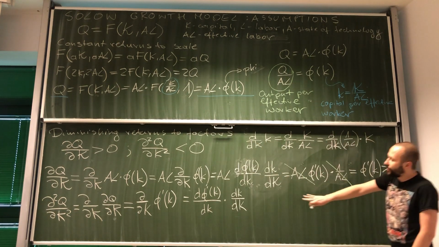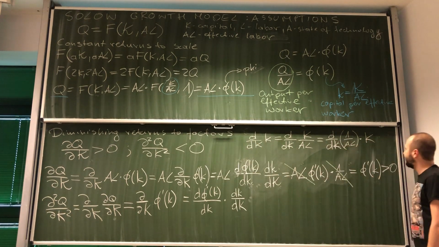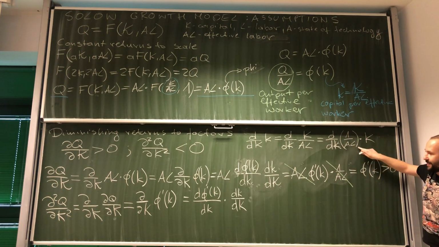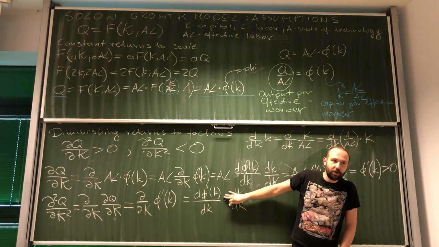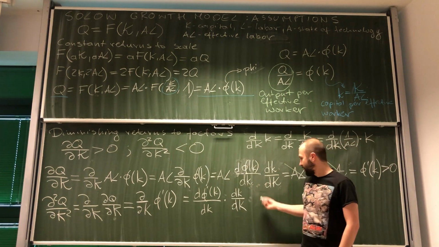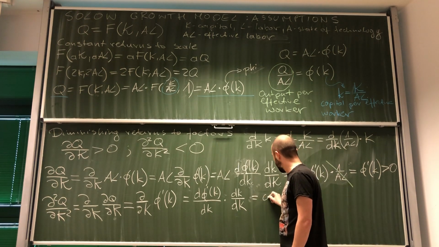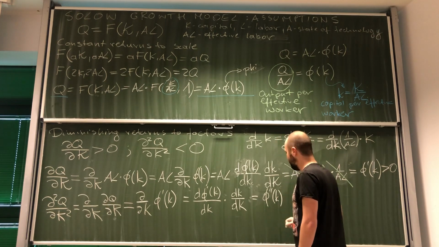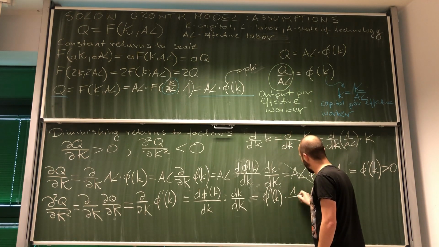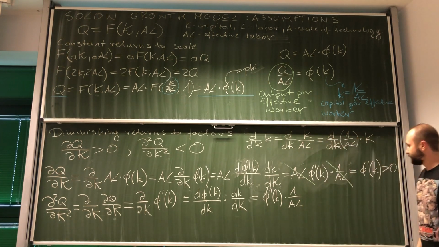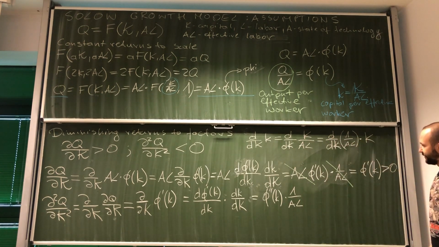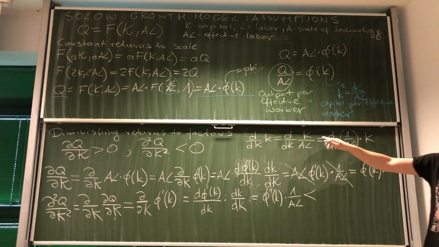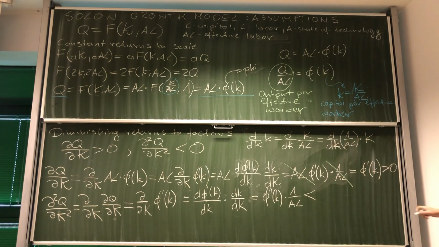But look, we already calculated this derivative. We know that it's equal to 1 over AL. And over here, as we do not know the specific form of the function, we can write it simply as phi double prime of k times 1 over AL. Okay, and look, what else do we know? We know that the second derivative, by assumption, is negative.